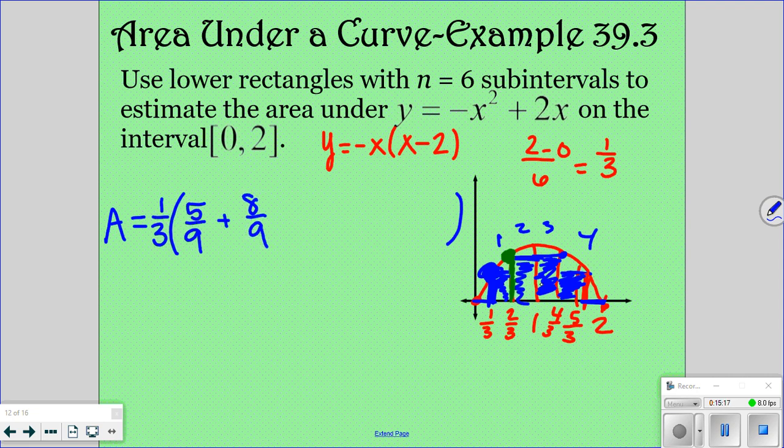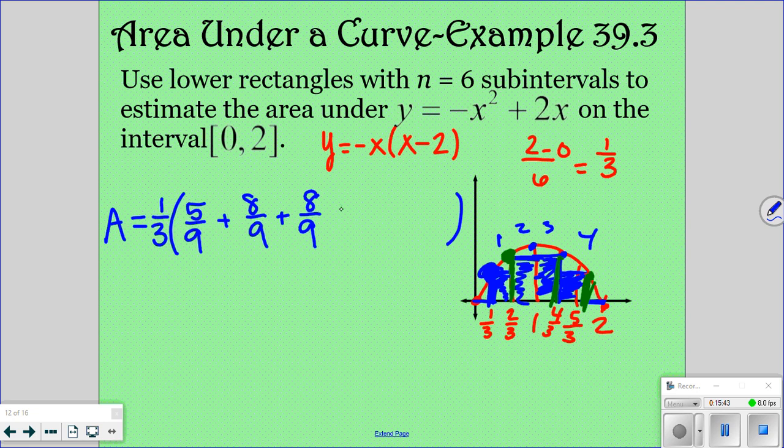And then we don't plug in 1 because we don't have a height that starts at 1, so we don't use it. If you plug in 4/3, that's going to be the height that you get from this rectangle right here. You're going to use 4/3. You should also get 8/9 because it's a parabola. These two are supposed to be the same size. And then for the last one, you're going to plug in 5/3 because that's the height you'll use.